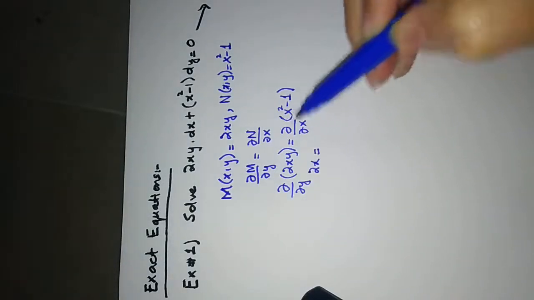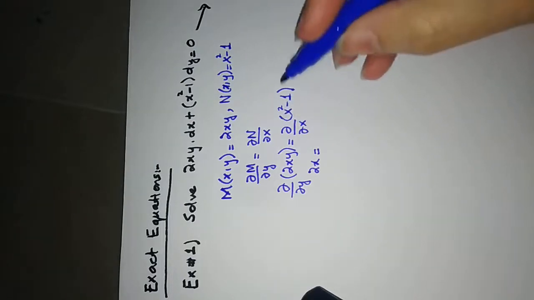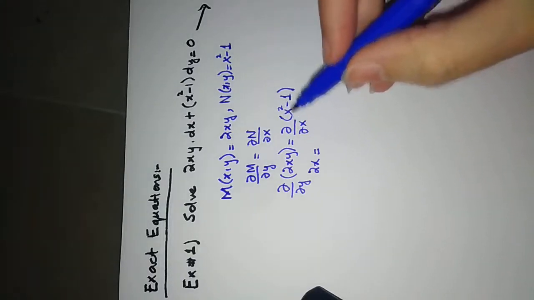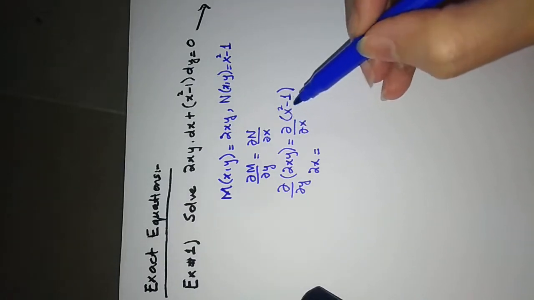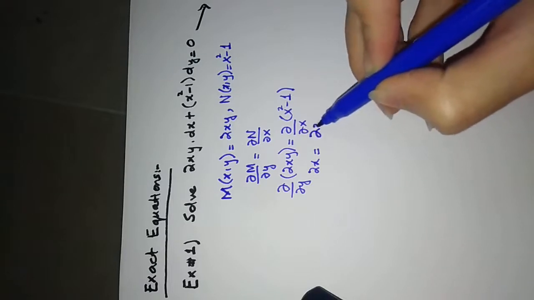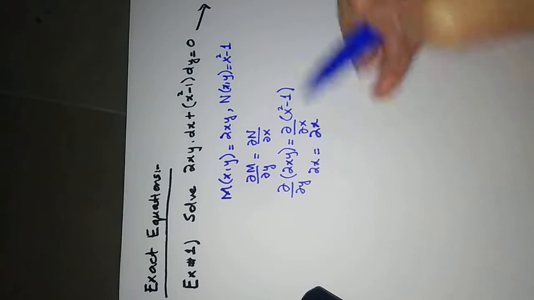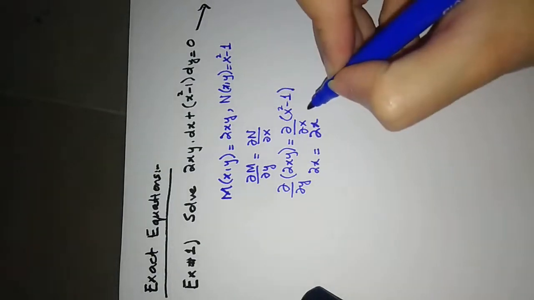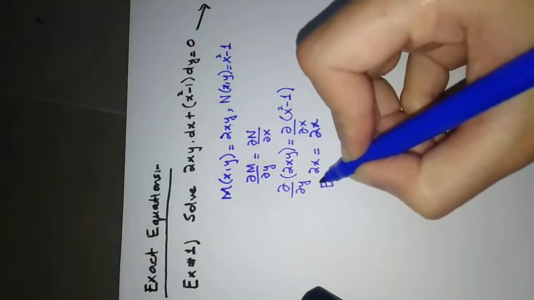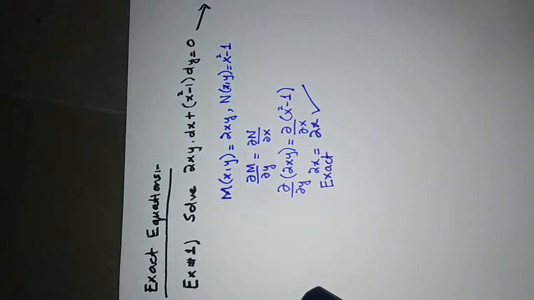And for x² minus 1, because differentiation is linear, we can differentiate the two terms one by one. x² has derivative 2x, and minus 1 is a constant, so its derivative is 0. So 2x equals 2x. Both sides are equal, so we can say that this equation is exact. So the exactness criterion is true.